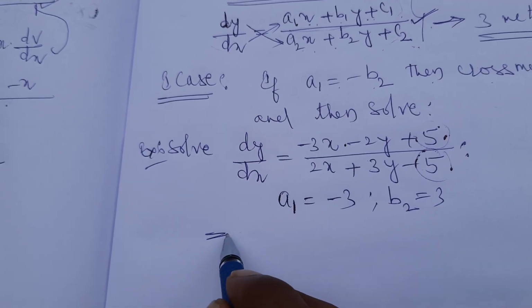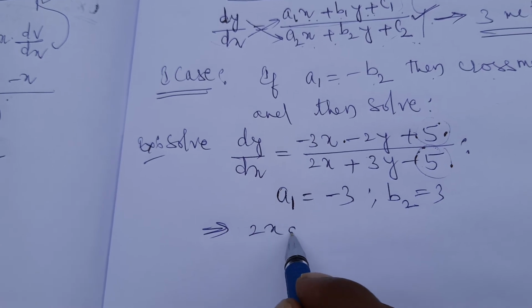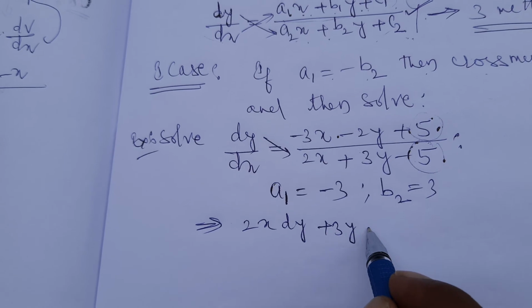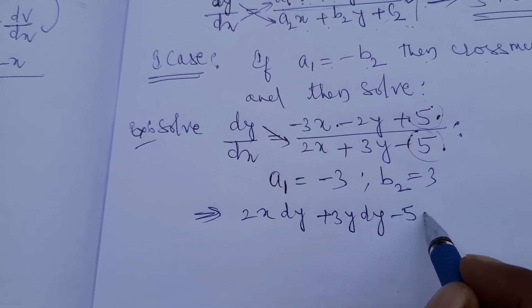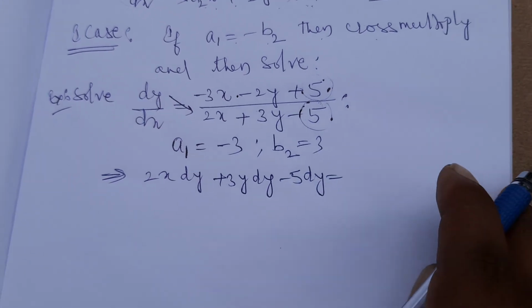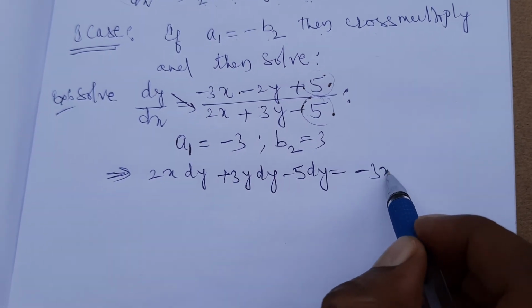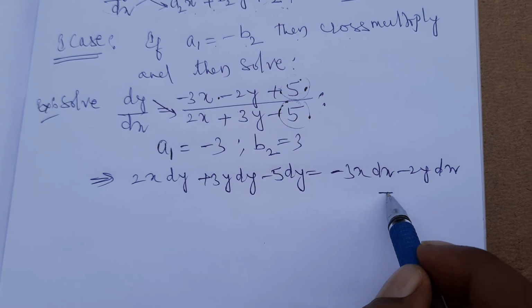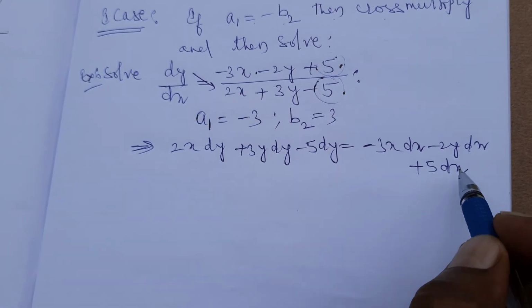If I cross multiply, we get 2x dy plus 3y dy minus 5 dy equal to minus 3x dx minus 2y dx plus 5 dx.